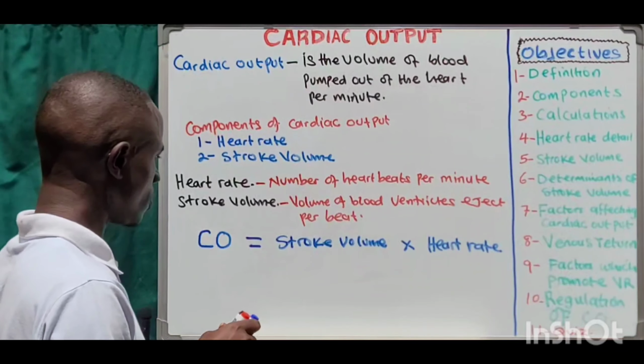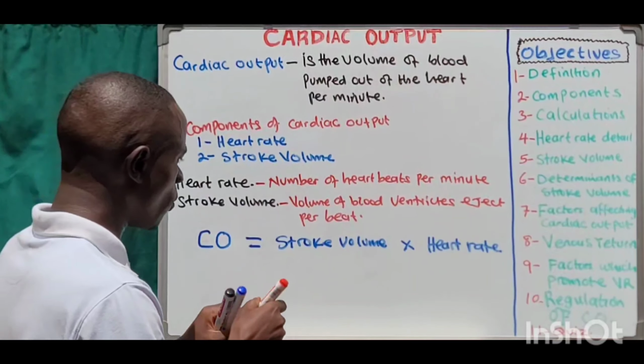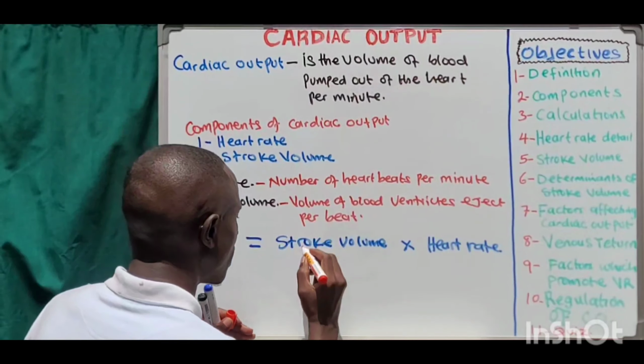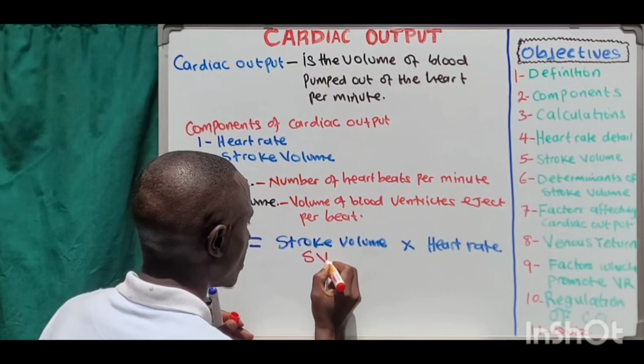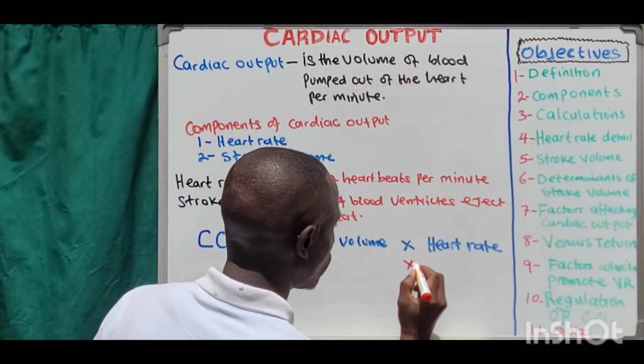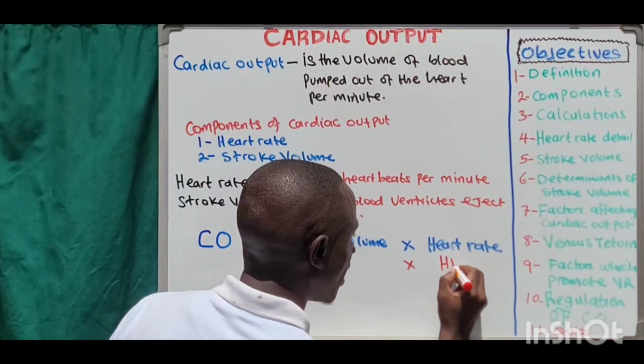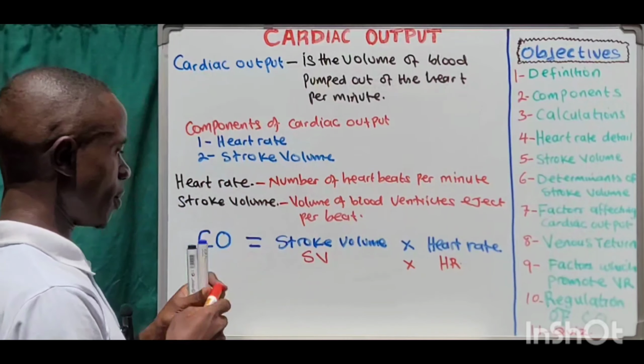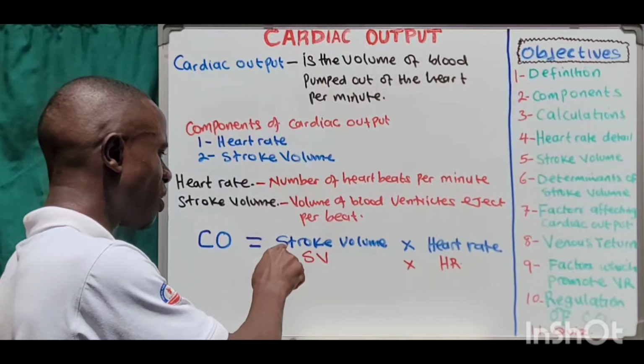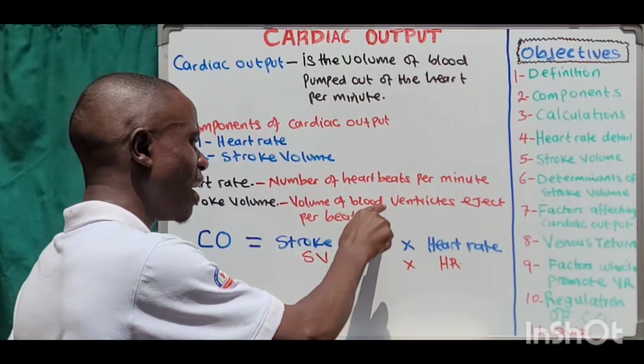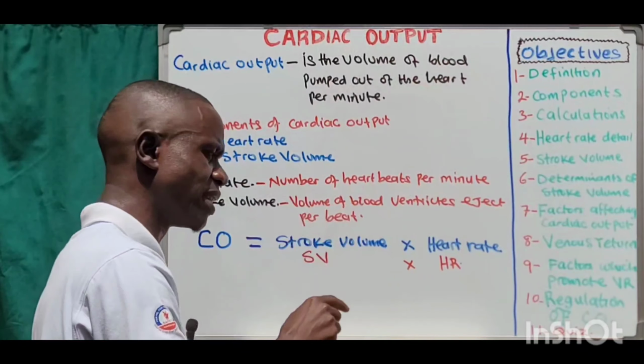Now, stroke volume we write in short as SV, and heart rate as HR. As we have said, stroke volume is the volume of blood the ventricles eject every beat.